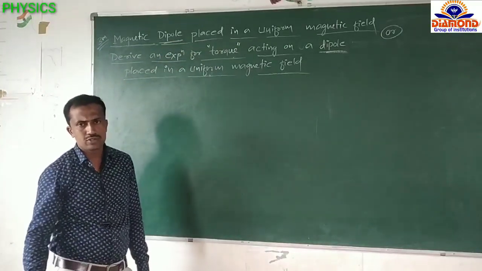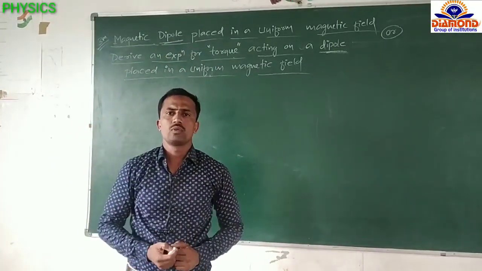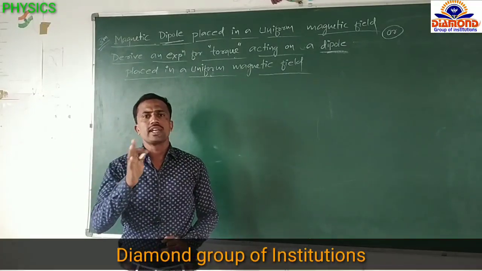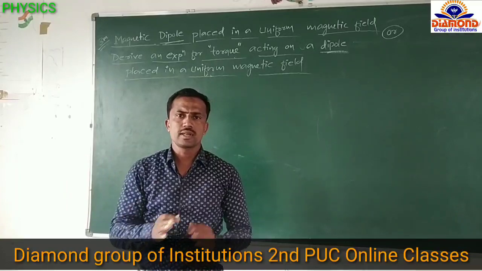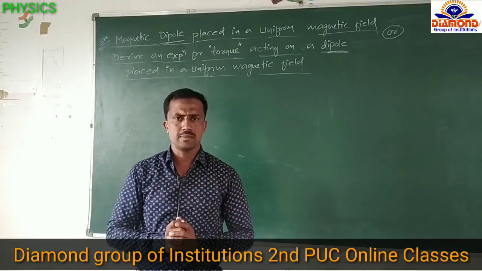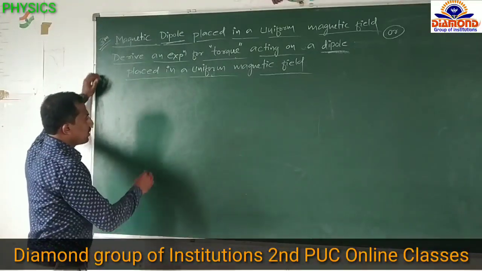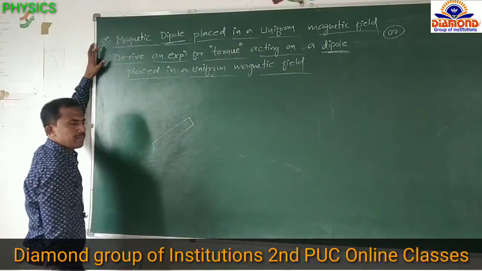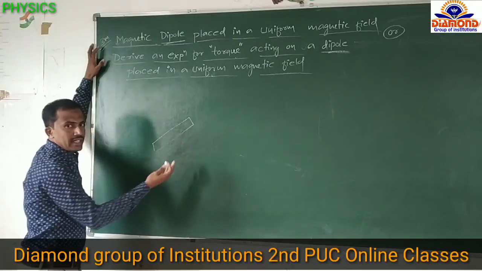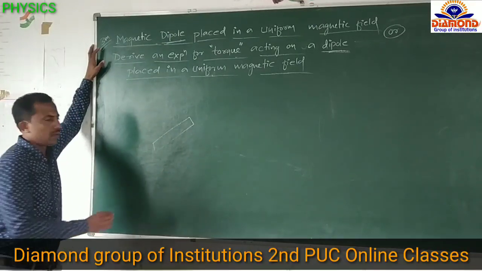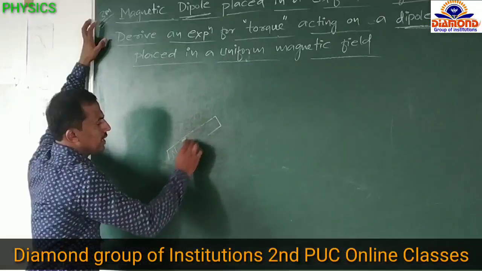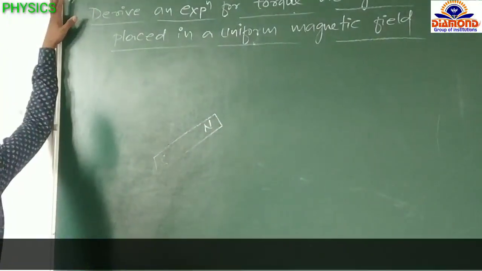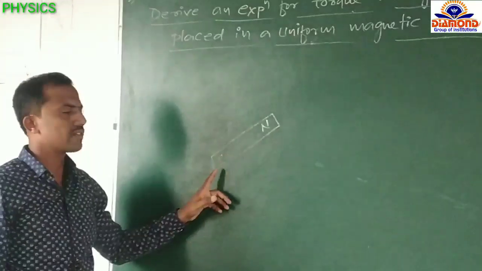In the last class, as you know, we already discussed dipole. What is a dipole? A system of two equal and opposite pole strengths separated by a small distance is called a dipole. We are taking one bar magnet. Every magnet has two poles, one is the north pole, another one is the south pole.